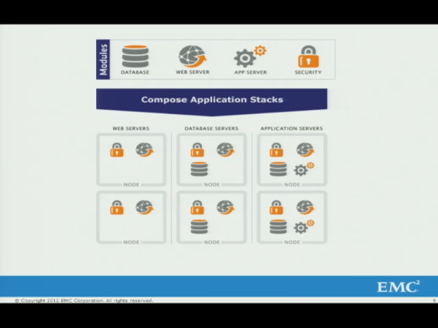We then compose a total application stack for our different nodes, saying node 1 should be a web server and application server, node 2 should be a database server, node 3 should just be a database server, and so on and so on. So from different modules, we can create full application stacks and push them out.